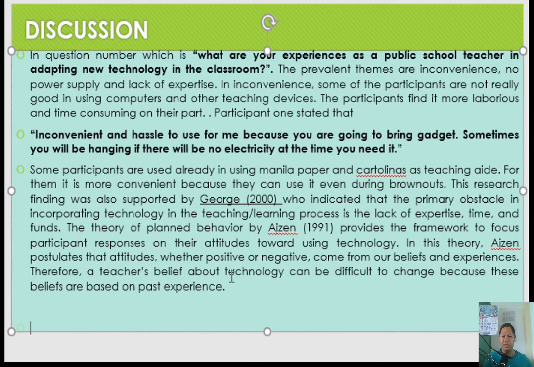Then, the theory of planned behavior by Ajzen, 1991, provides the framework to focus participant responses on their attitudes towards using technology. In this theory, Ajzen postulates that attitudes, whether positive or negative, come from our beliefs and experiences. Therefore, a teacher's belief about technology can be difficult to change because these beliefs are based on past experience.